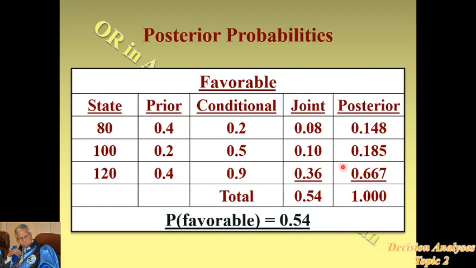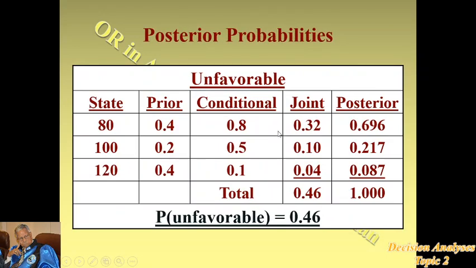The same procedure, the same table, is repeated for the unfavorable. For the unfavorable, the same states of nature: 80 customers, 100 customers, 120 customers. Prior probabilities the same: 0.4, 0.2, 0.4. Conditional probabilities of unfavorable: 0.8, 0.5, 0.1.